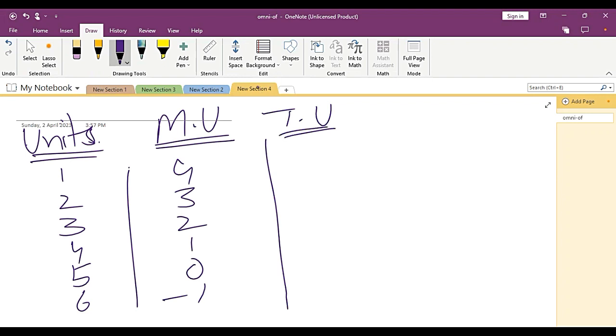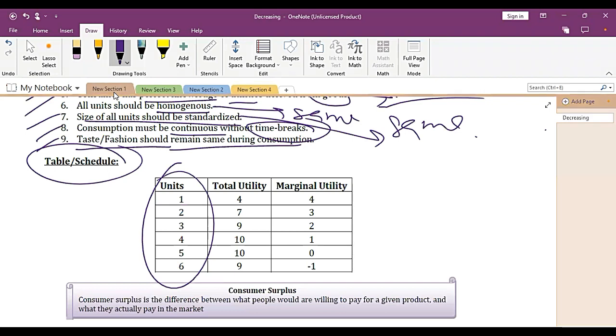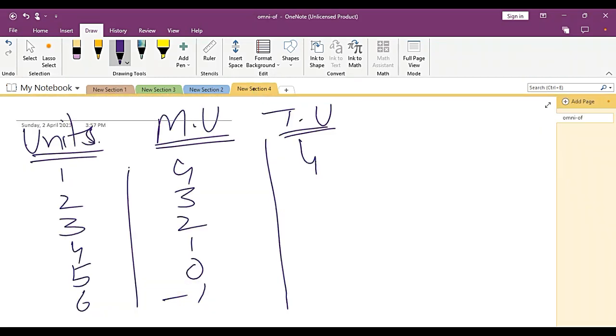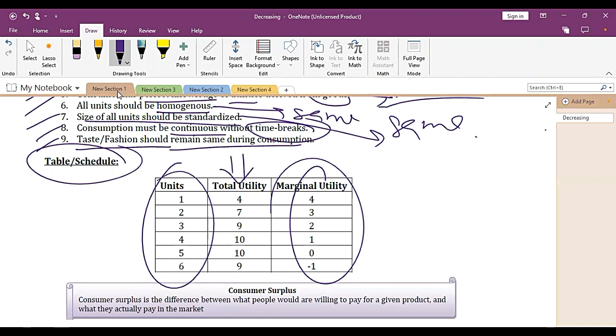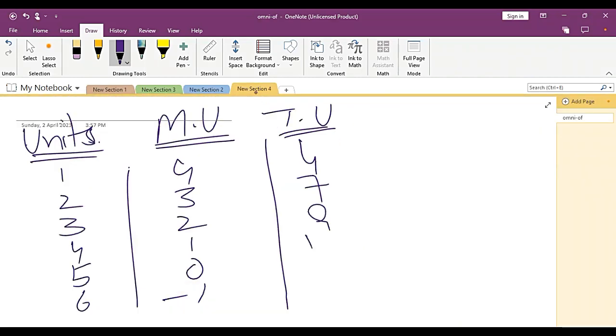Third is the total utility that we are going to obtain from the consumption of any good. Let's say at the start it is 4, then it increases to 7, then moves to 9, 10, and when the utility is maximum, or when the marginal utility is at zero level, total utility is at its maximum point, let's say at 10.